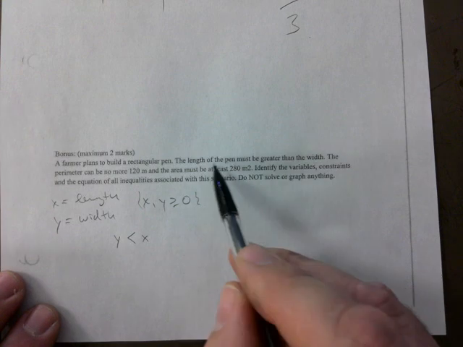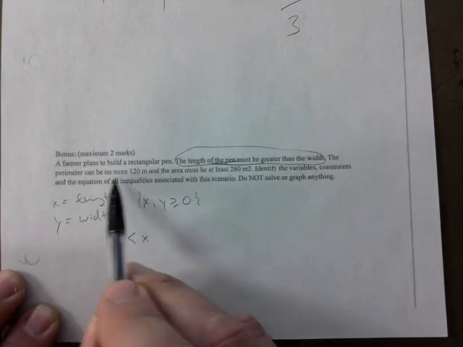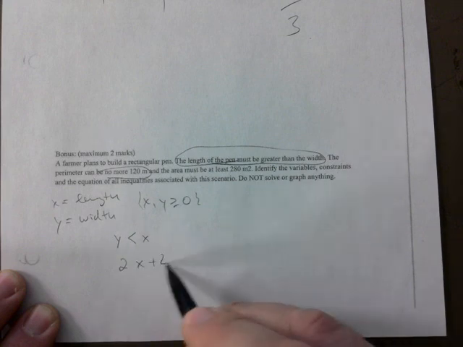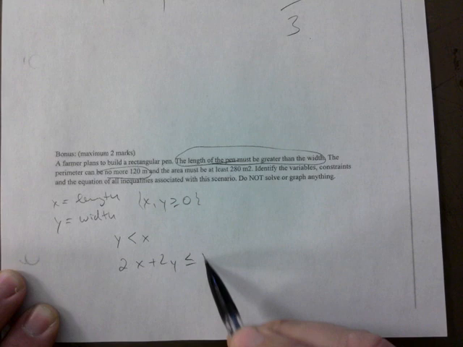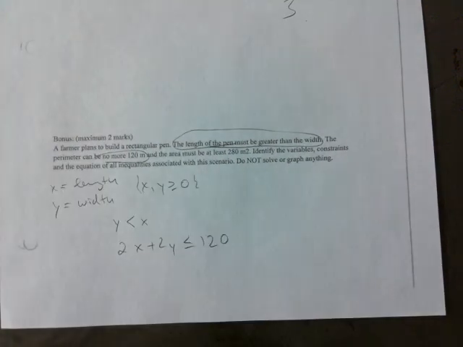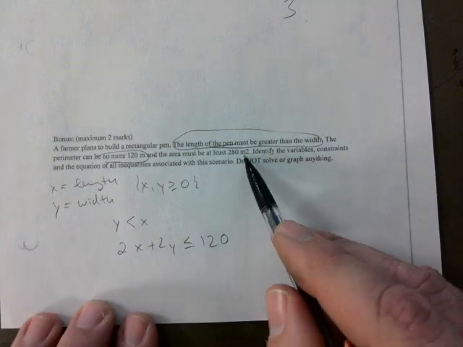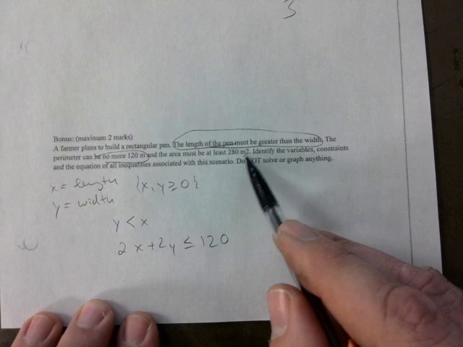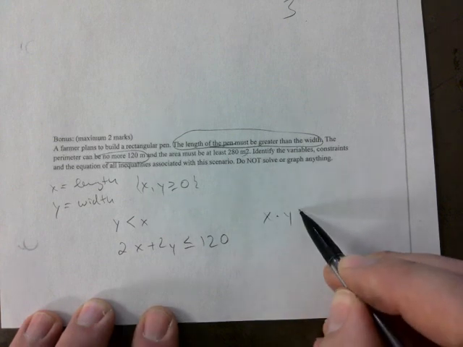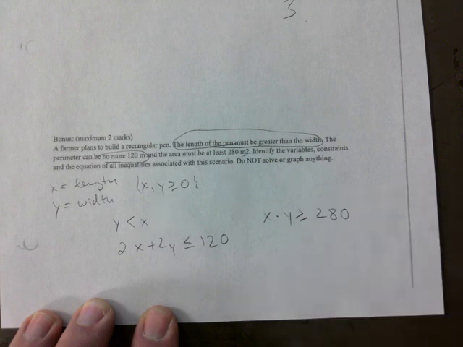The perimeter can be no more than 120 meters. What's perimeter? 2x plus 2y has to be less than or equal to 120, because that's how the perimeter is found, right? Distance around. And the area must be at least 280 square meters. So x times y is greater than or equal to 280. If you have all of them, you get plus 2.